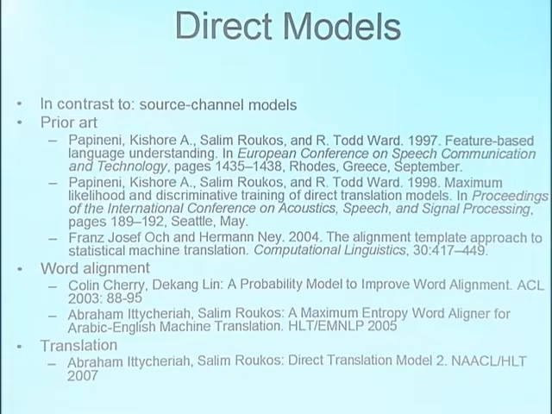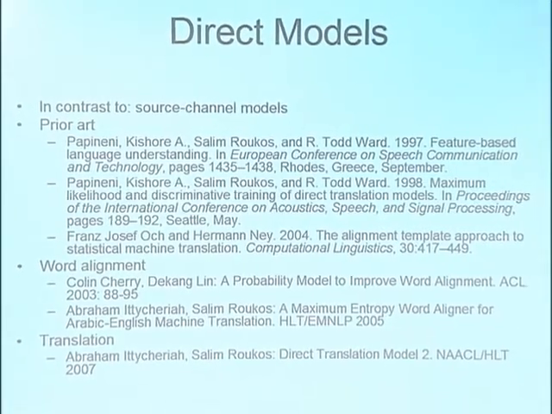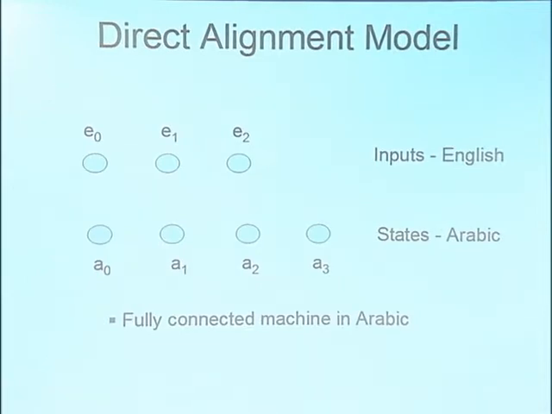And Franz Och also, most of his work and most of the work on recent phrase decoders, are really all direct translation models. For word alignment, there was a paper by Colin Cherry and Dekang Lin that goes beyond HMM alignment, but they didn't have data. And we had two papers, both at HLT, talking about our alignment and translation work, which is what this talk is about.